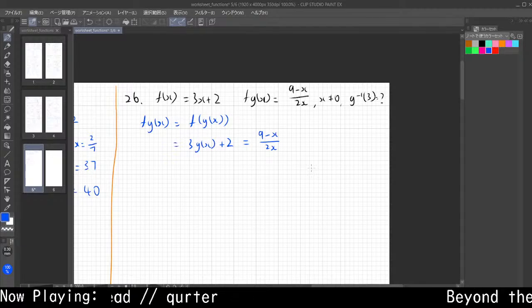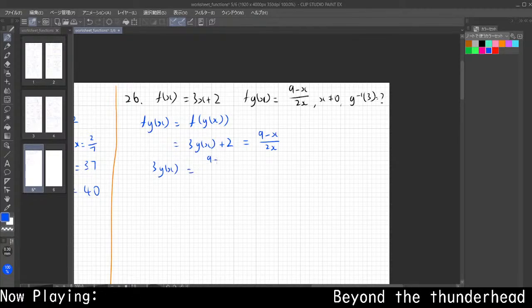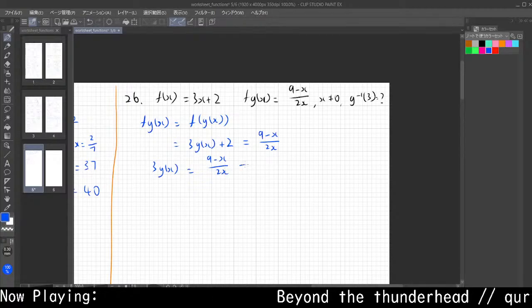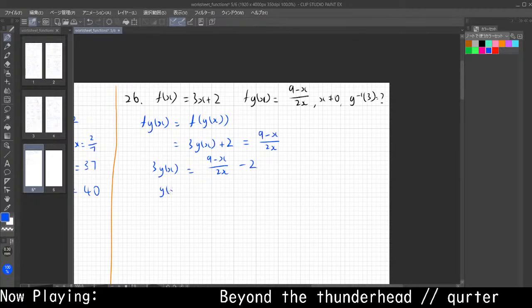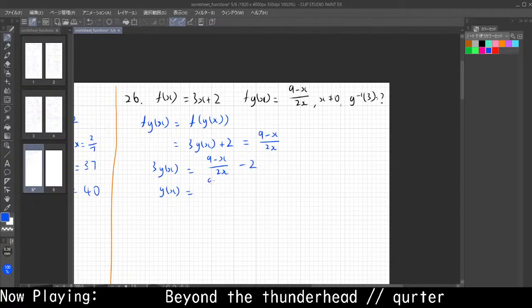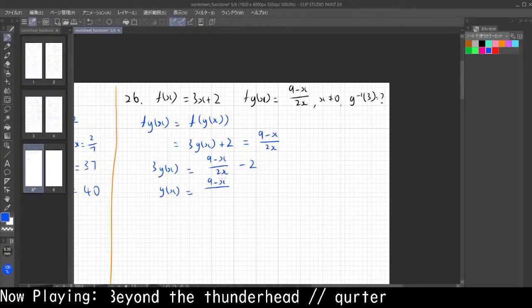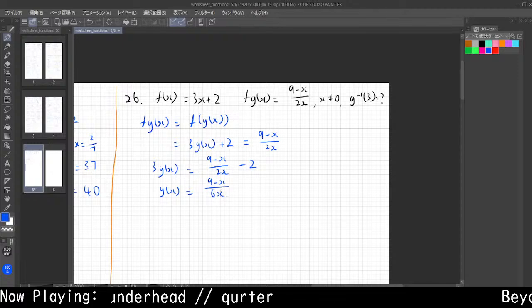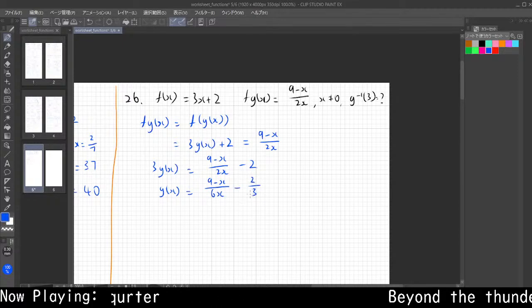Then 3g(x) equals (9 minus x) over 2x minus 2. g(x) equals everything divided by 3. For a fraction, the thing that you are dividing directly multiplies to the bottom. 2 times 3, 6x, minus 2 over 3. Yeah, this is what you get.